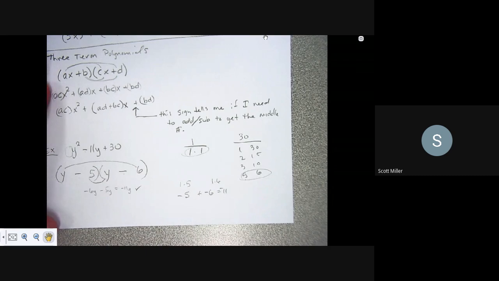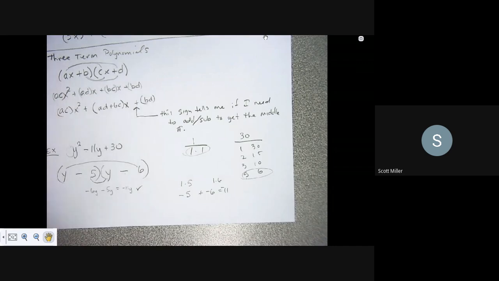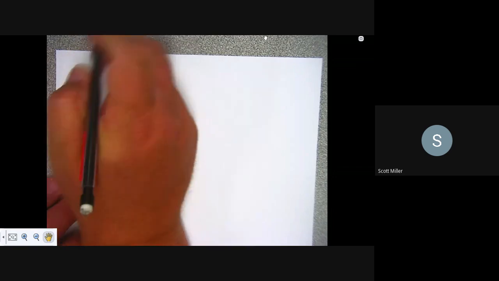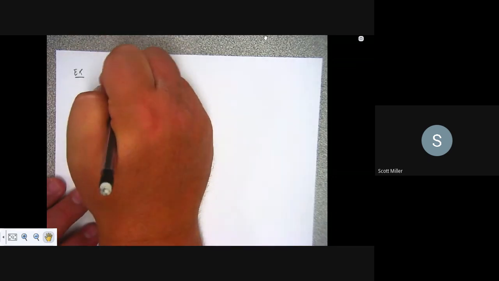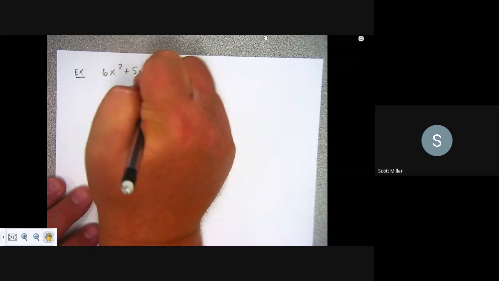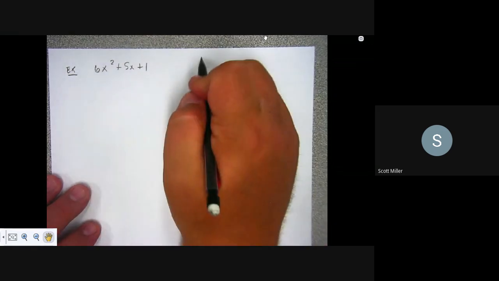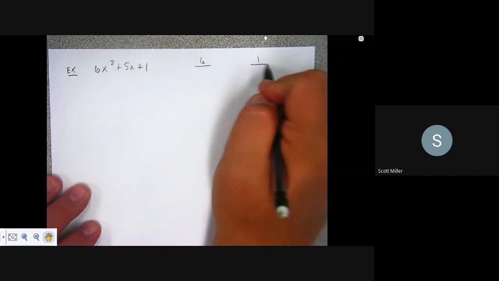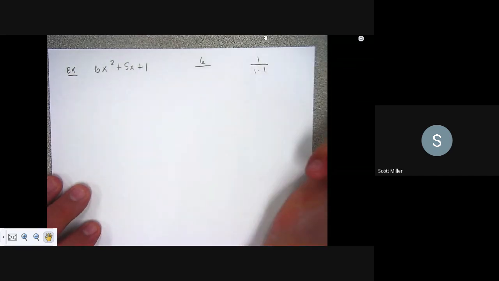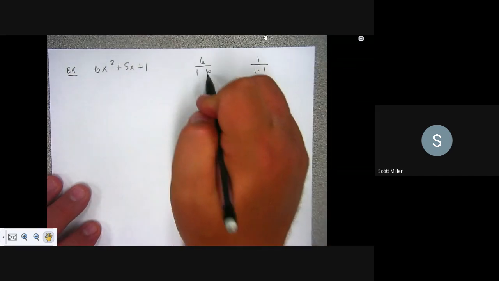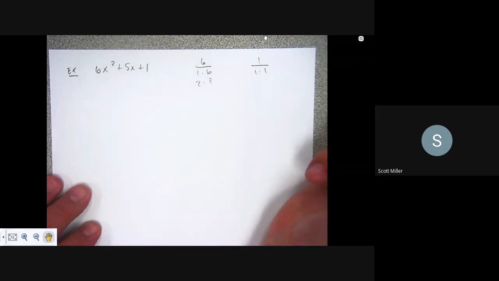So let's practice some more. Here's another example, a little bit more challenging one. I'll go just a little bit faster for some of these as we move along. Take the factors of 6 and the factors of 1, so that's pretty easy. 1 is done. 1 and 6, 2 and 3 for 6.